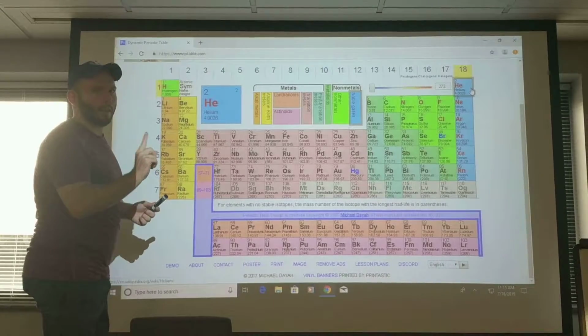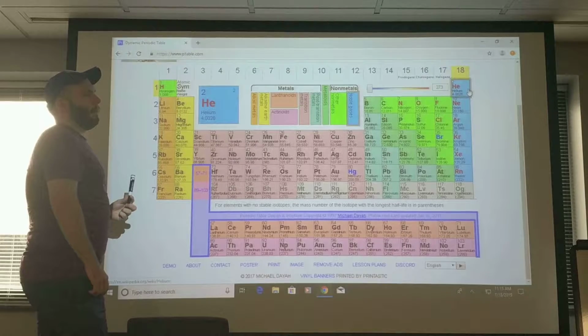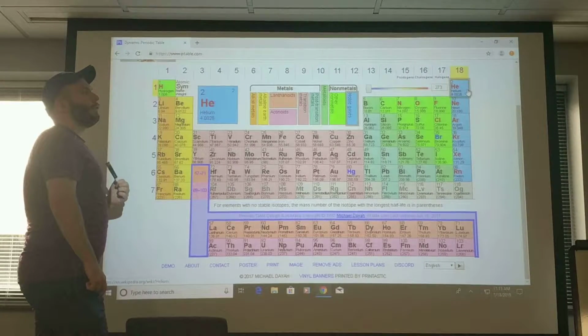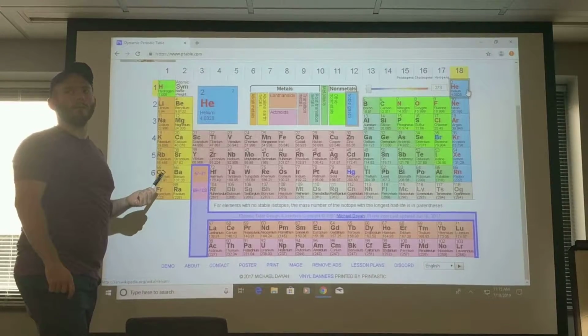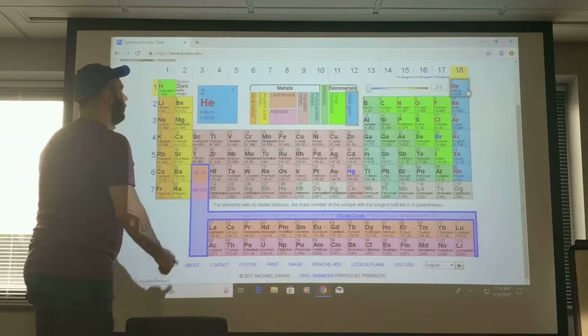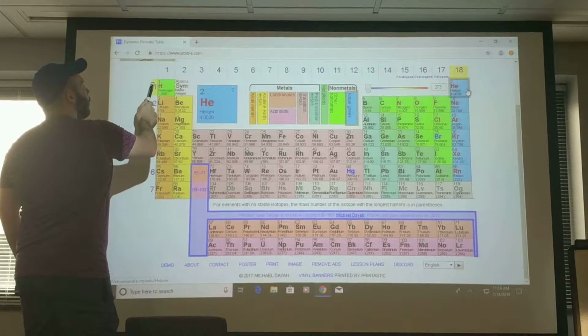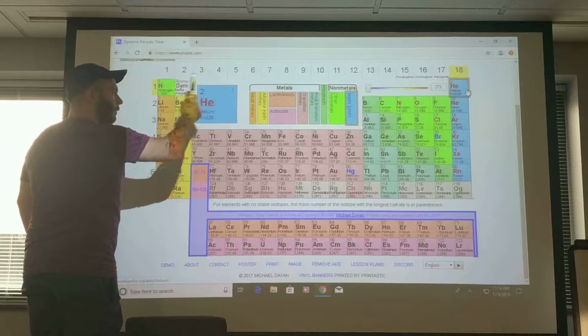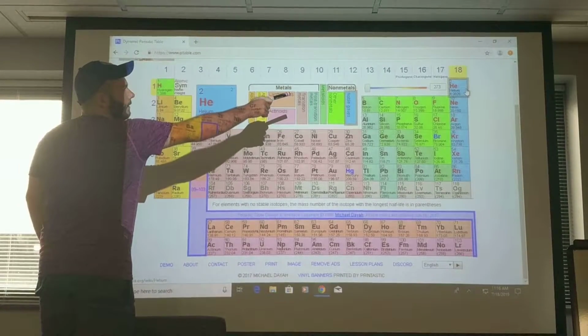Now, one last thing, and then we'll be done. When reading the periodic table, it's useful to refer to the elements by their rows and columns. So helium, for example, is on row 1, rows go across, and column 18.